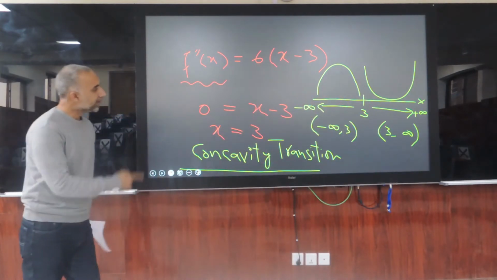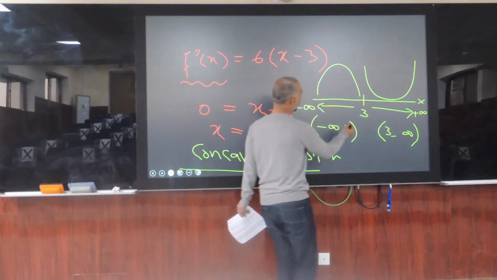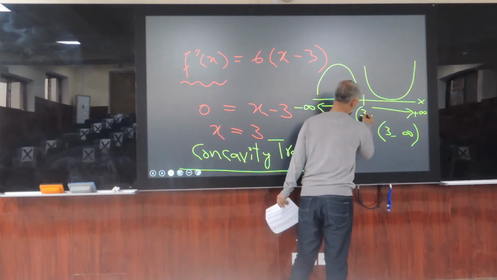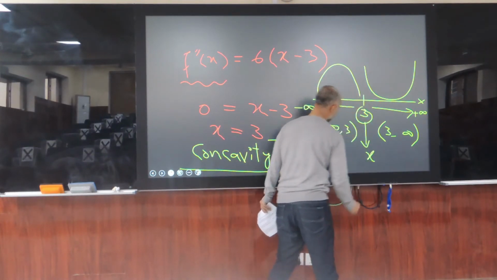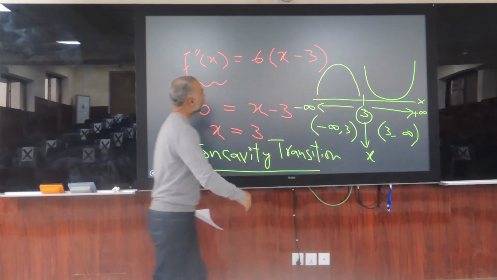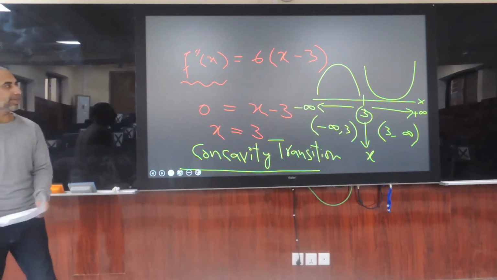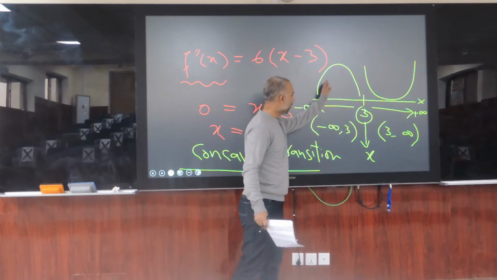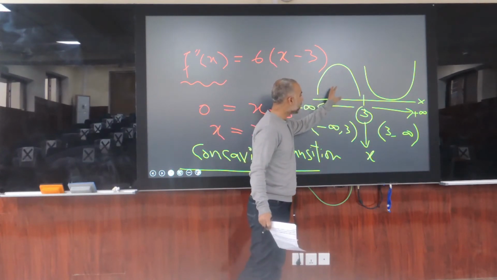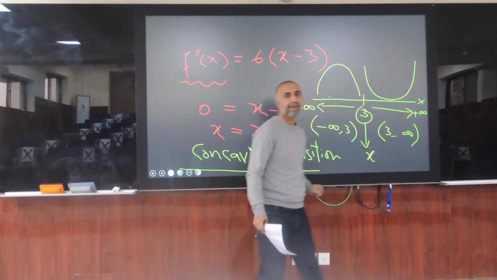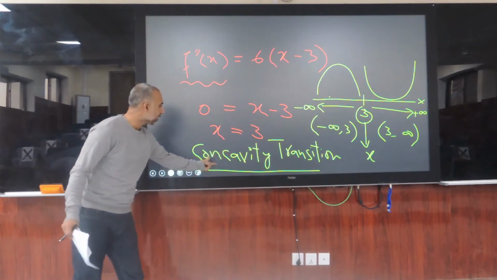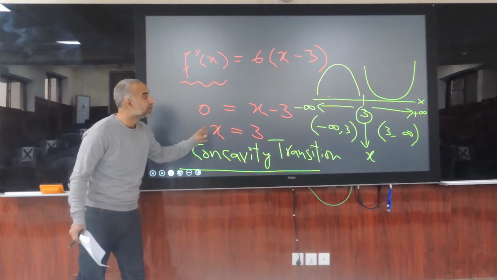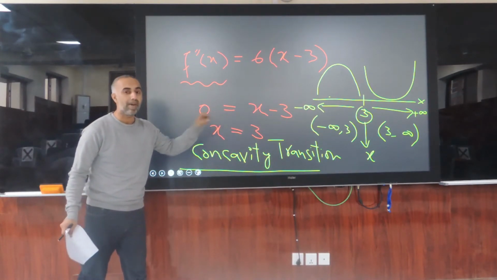Remember this is the x-axis, the value of x. These are the extreme situations for the downward curve and the upward curve. What we need is the concavity transition between the two curves, downwards and upwards.